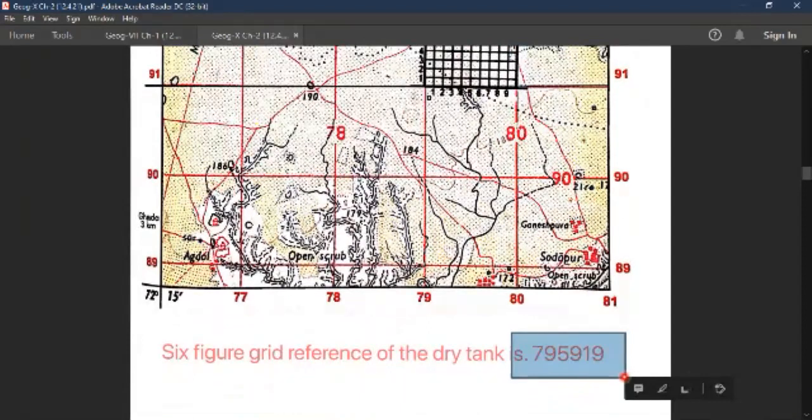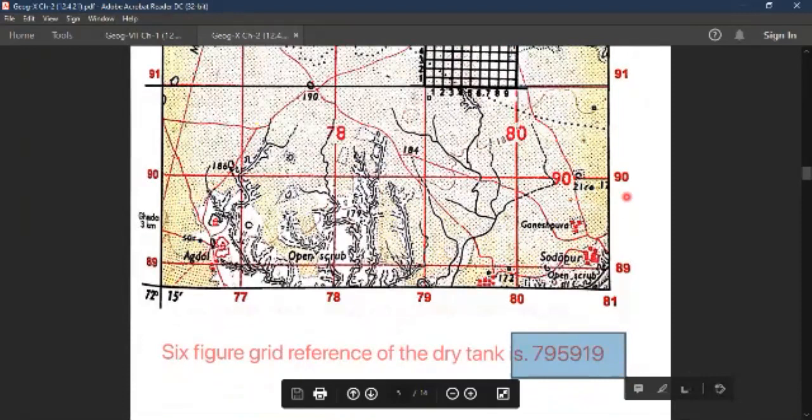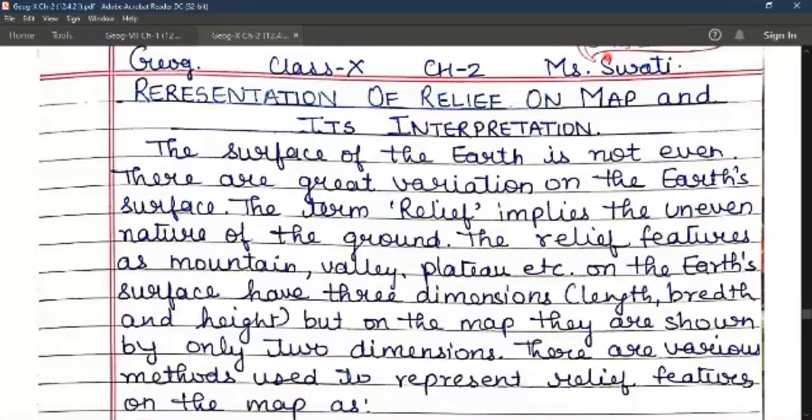I hope you understand how to find out the four-figure and the six-figure grid reference. Now children, let us discuss representation of relief on map and its interpretation.